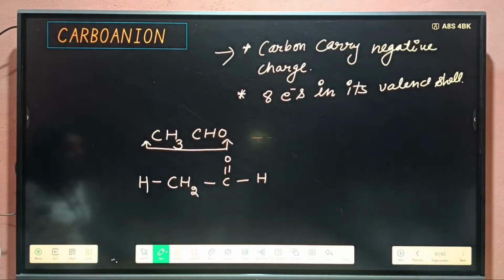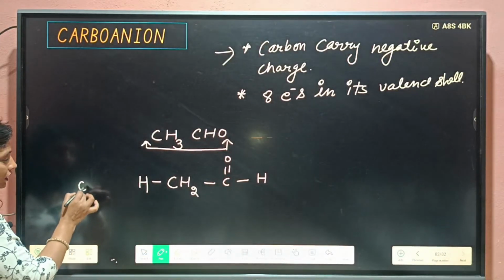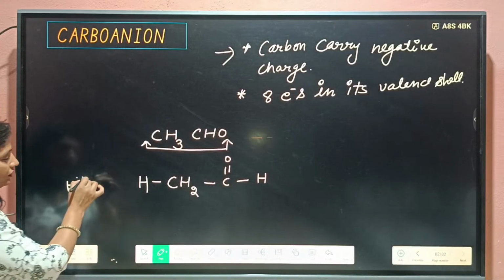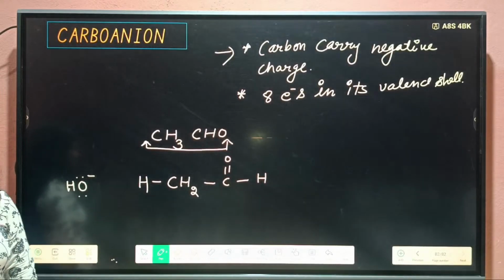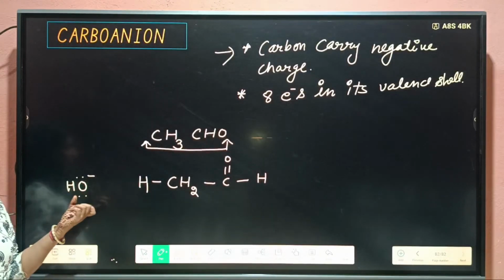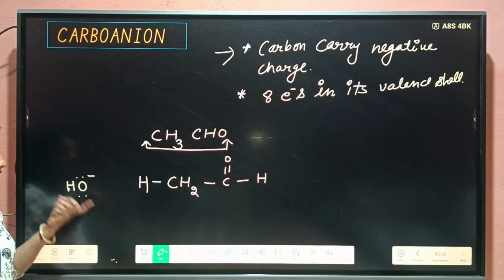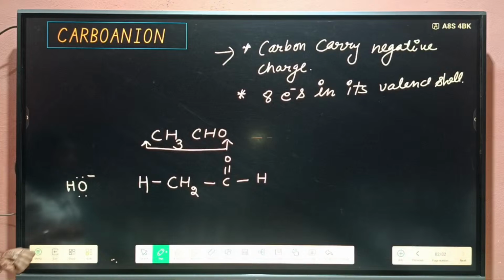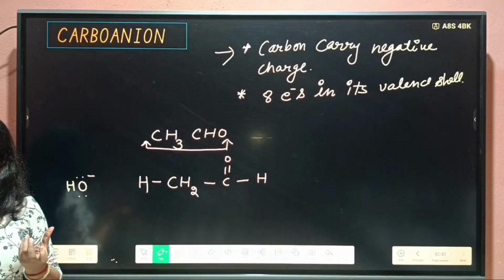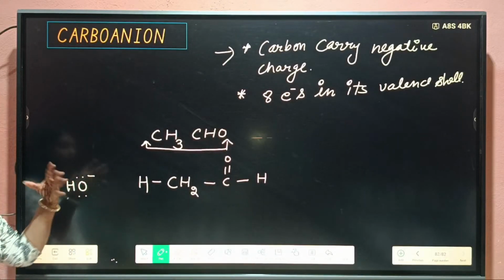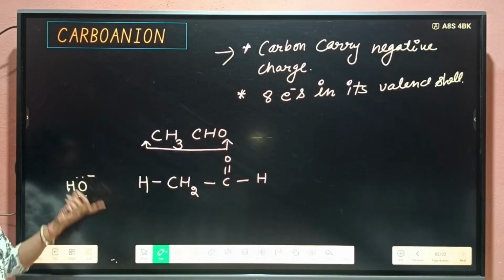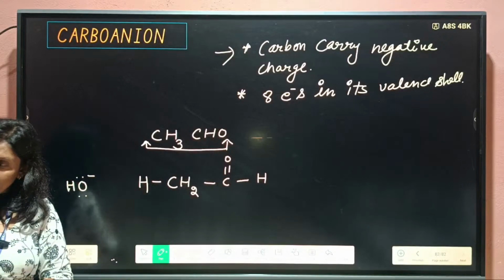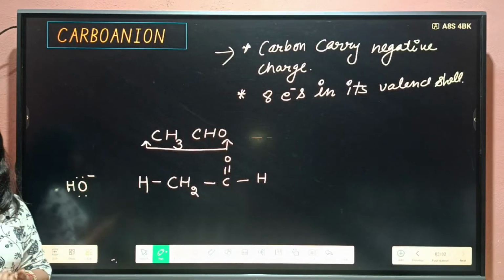Yes. Students, what will happen if one nucleophile attacks on this one? This is a nucleophile because it is a negatively charged species, an electron-rich species, and electron-rich species are known as nucleophiles. It has a tendency to give electrons because it has extra electrons, a lone pair, and a negative charge also, so it can donate electrons.